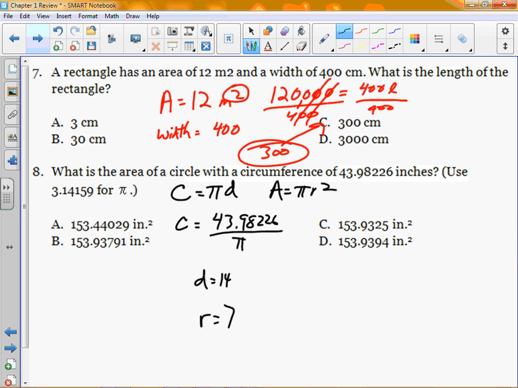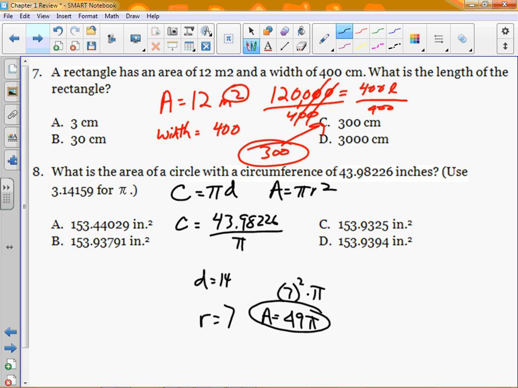If my radius is 7, the formula for area of a circle is pi r squared. So now it's just a matter of taking r and squaring it. So I got 49 pi as my area.